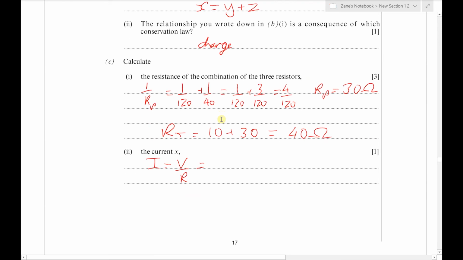So to find the current in the circuit, we simply take the 6 volts, the PD across the whole circuit, and divide it by the resistance of the whole circuit. So 6 over 40, we can simply cancel that down to 3 over 20 or 1.5 over 10. So we're talking about 0.15 amps.